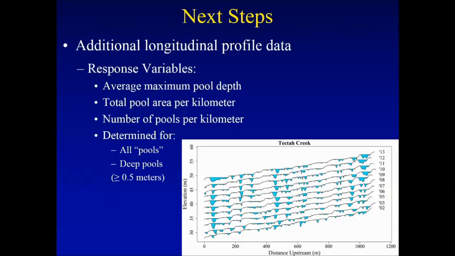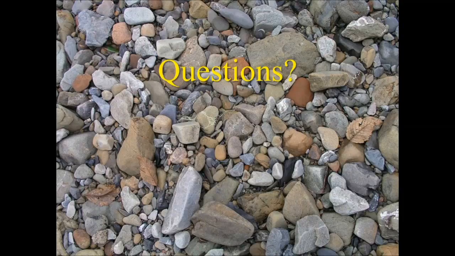For the longitudinal profile data, if you want to compare aggradation and degradation over time, you really need to do some sort of planimetric thalweg averaging process, which aligns the longitudinal analysis before doing those sorts of comparisons.